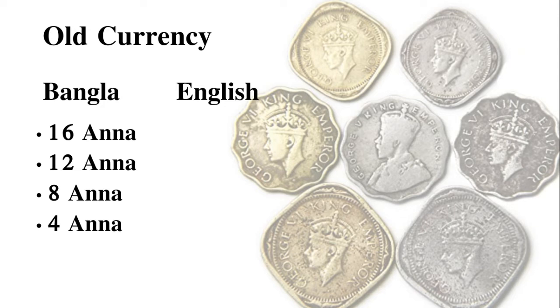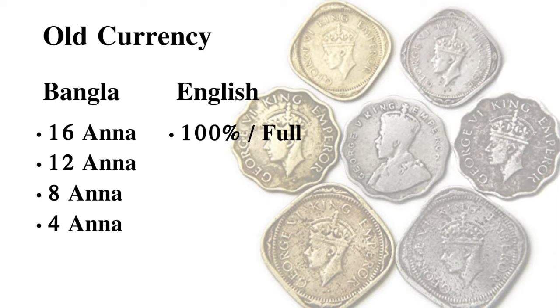When you say sholo anna or 16 annas, it implies that it's 100% or full or whole of something. So when you use sholo anna in the language, it doesn't imply a monetary term. It implies that it's 100% of something.